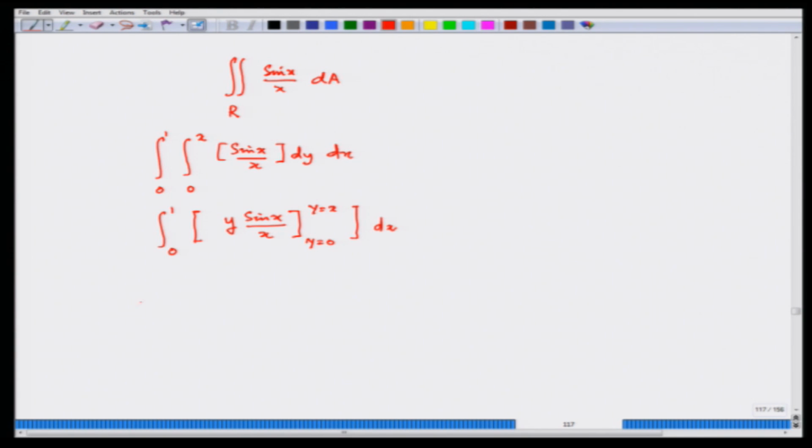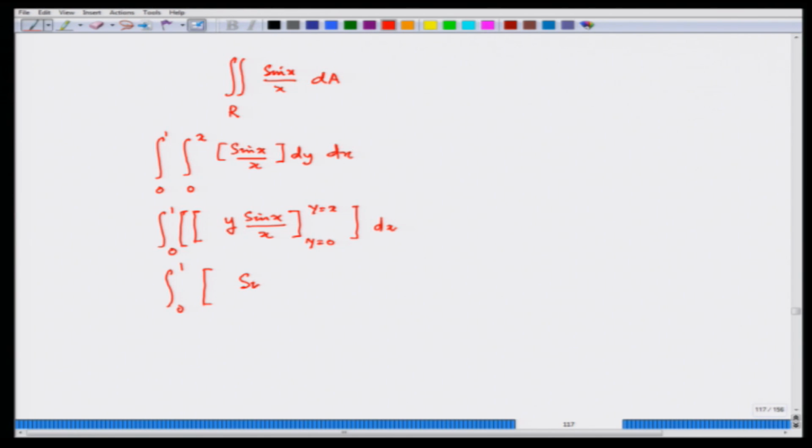Once you integrate this part, now your x is held fixed, and you are just integrating with respect to y. So, you just have y and then you integrate between the limits. When you put y equal to 0, it will become 0, and y equal to x will become x.